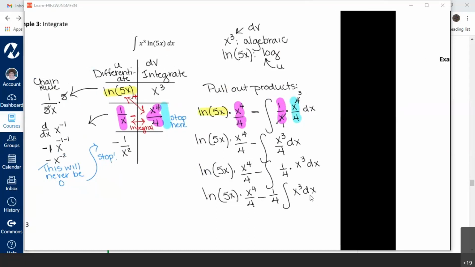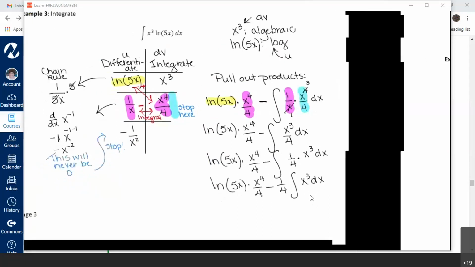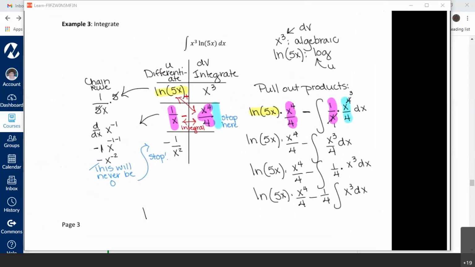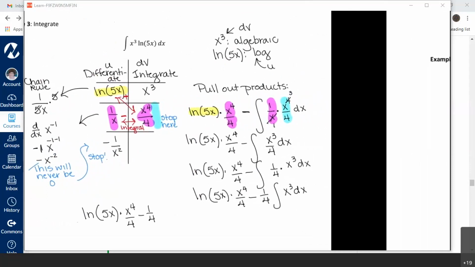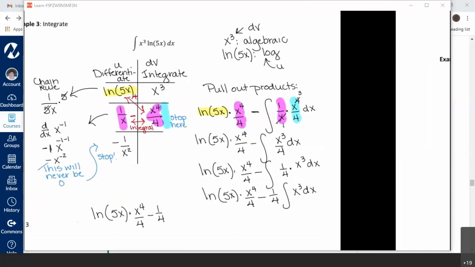I just used the power rule. Okay, and that gives me this. I'm going to copy the whole part of the integral that I wrote down already so I don't lose it. Okay, and then the integral of x cubed dx is x to the fourth over 4 plus c.